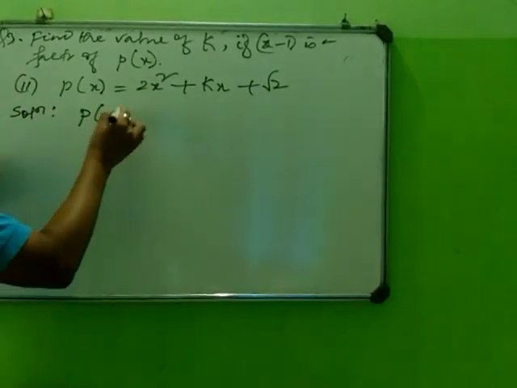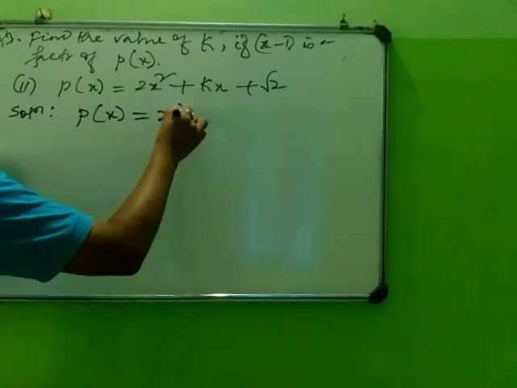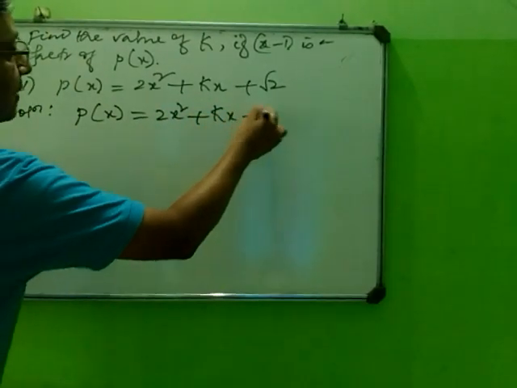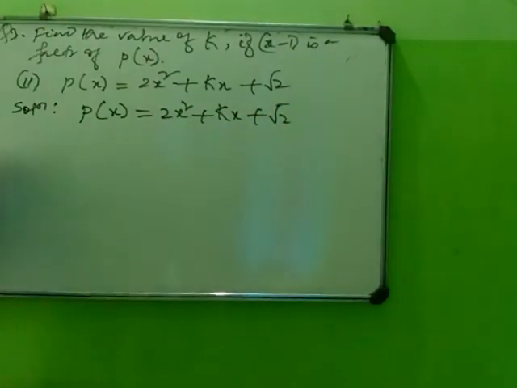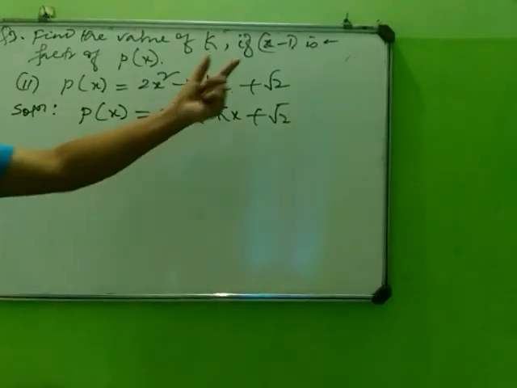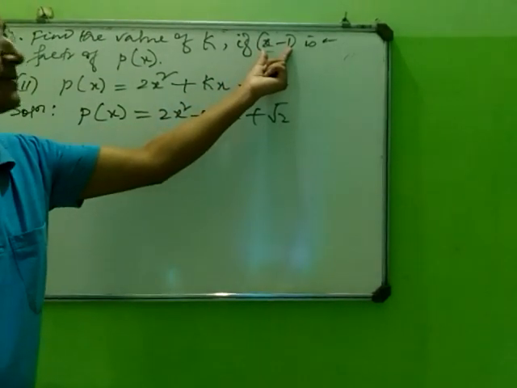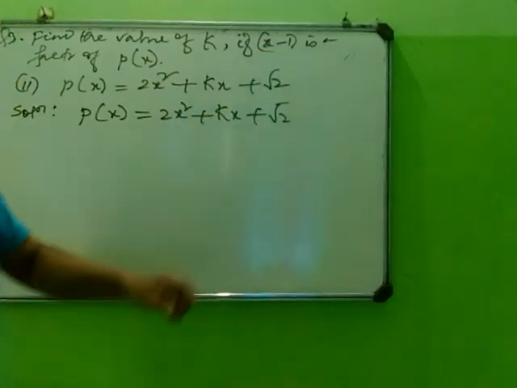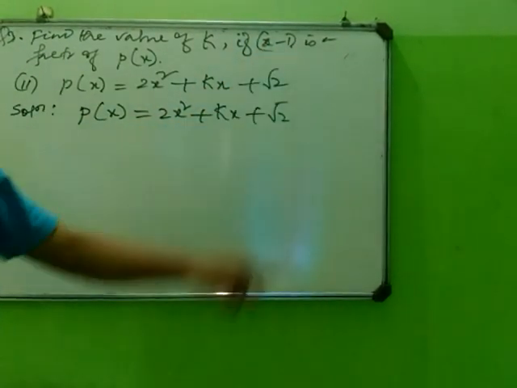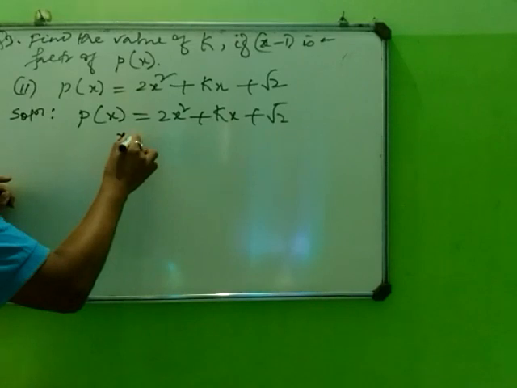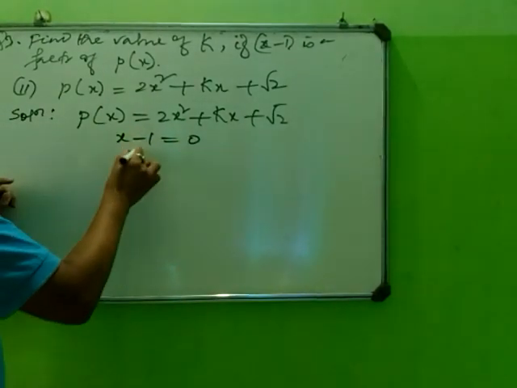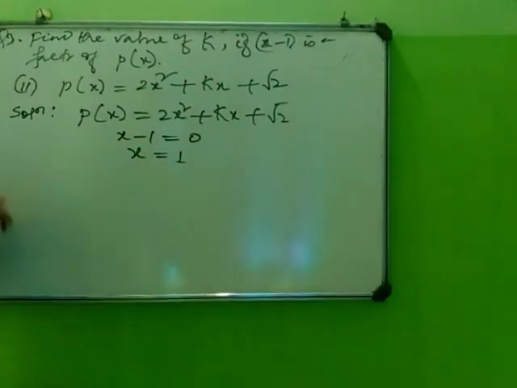So p of x equals twice x squared plus kx plus root 2. You are going to divide by the divisor, that is x minus 1. So you will make the divisor equal to 0. So x minus 1 is equal to 0, x equals 1.